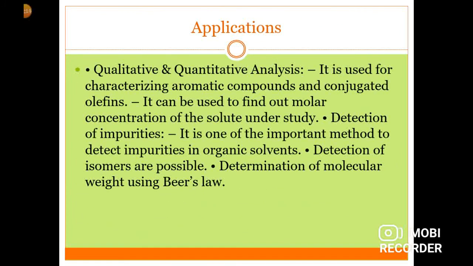Here are the qualitative and quantitative analysis applications of UV spectroscopy. It is used for qualitative and quantitative analysis, and for the characterization of aromatic compounds and conjugated olefins. It can be used to find the molar concentration of the solute under study, and also for detection of impurities.